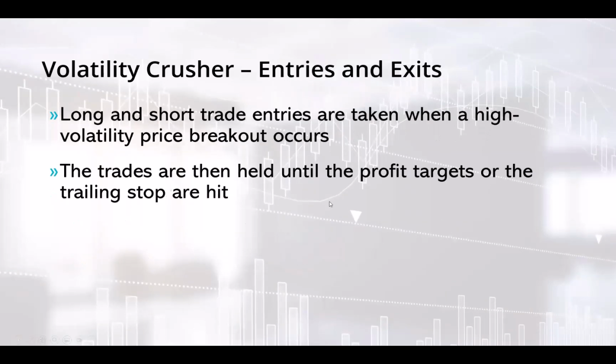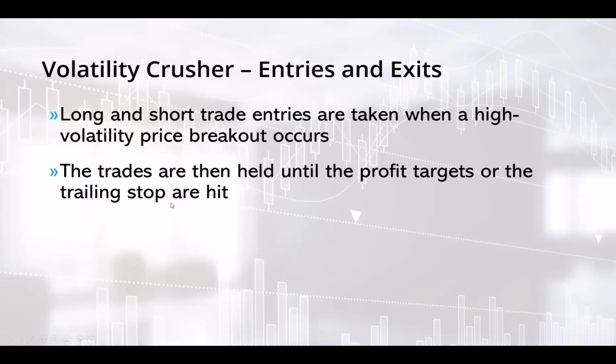All right. So, as I mentioned, a long and short trade is taken when we have abnormally high volatility while a price breakout occurred. And once we're in a trade, the trade is kept open until either both our profit targets are hit or our trading stop is hit.